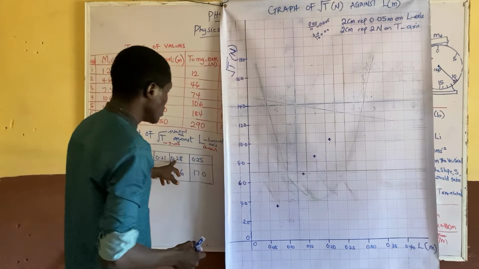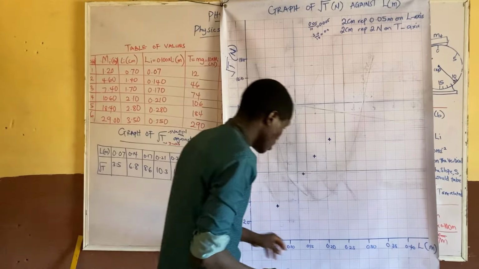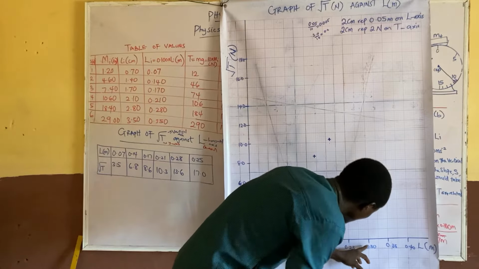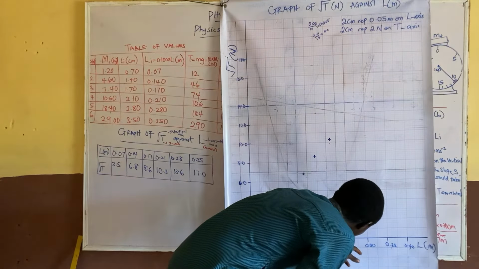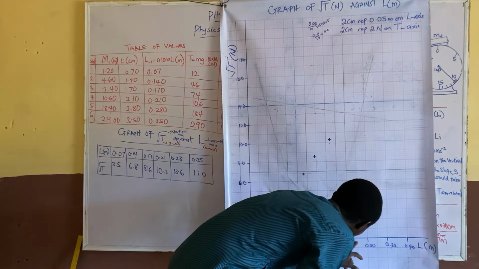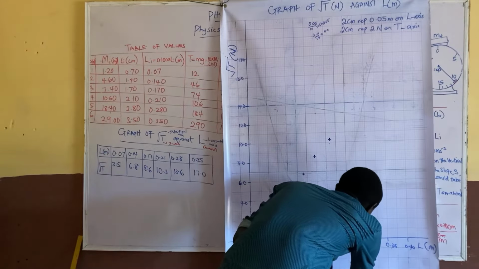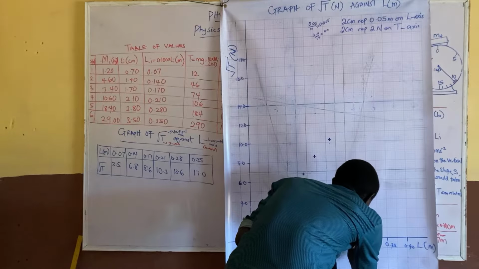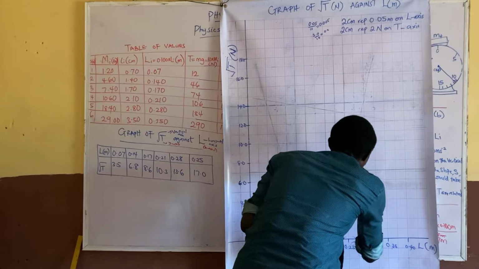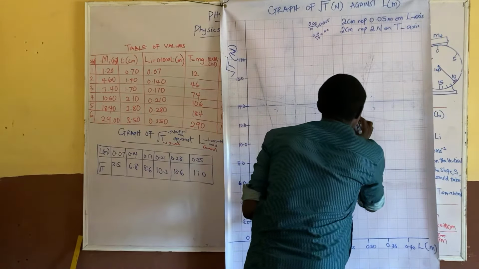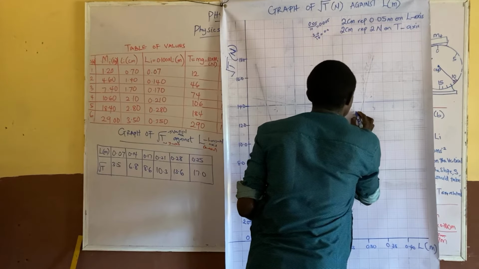Now 0.28. This is 0.3, this is 0.26, 0.27, 0.28. 0.28 falls along this line. Just mark one point here.